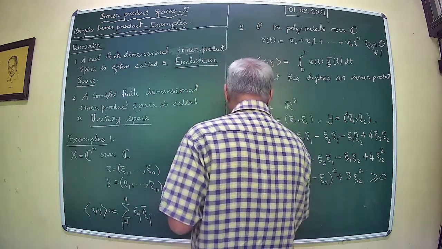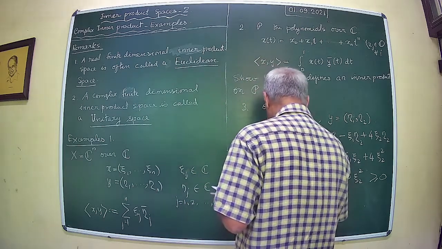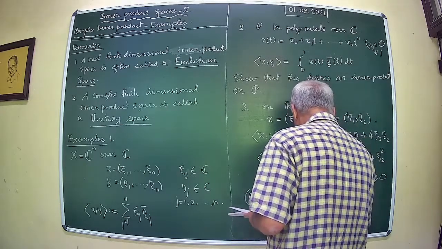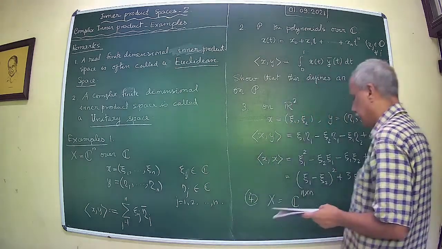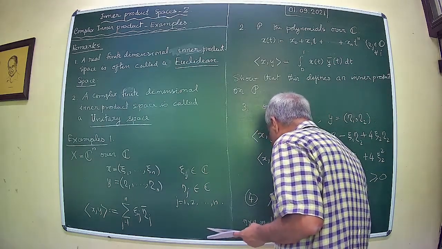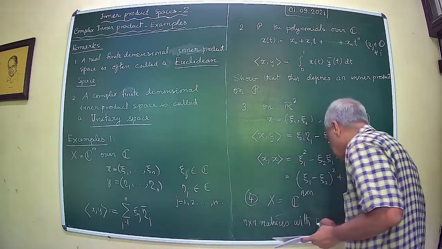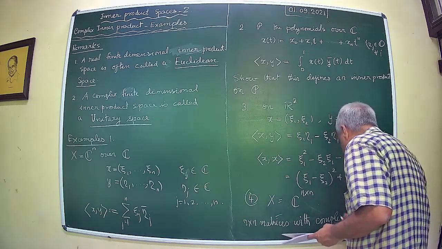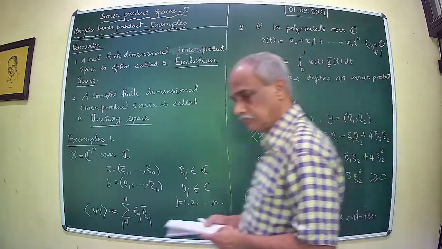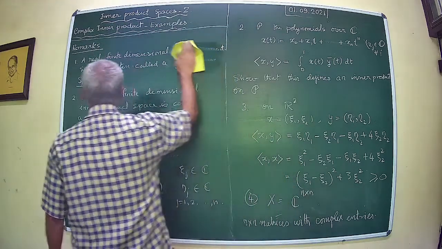So, for that is all n by n matrices with complex entries, we will write down a possible inner product.